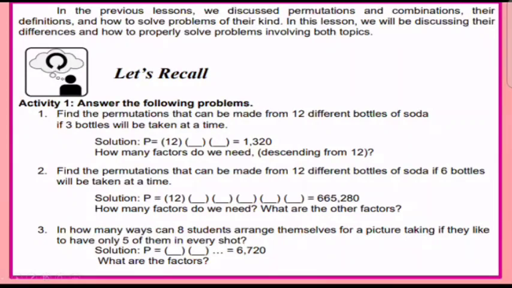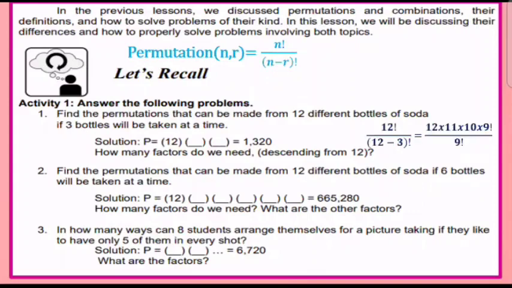Ang gagamitin natin na formula, the permutation of n taken by r at a time is equals to n factorial divided by the quantity of n minus r factorial. Descending from 12 itself, diba? Using our formula, makakapag-derive tayo ng ating working equation, which is 12 factorial divided by the quantity of 12 minus 3 factorial. 12 minus 3 is equals to 9 factorial.